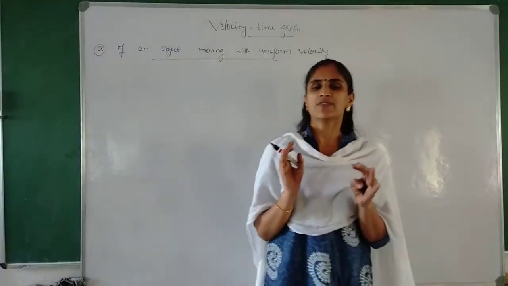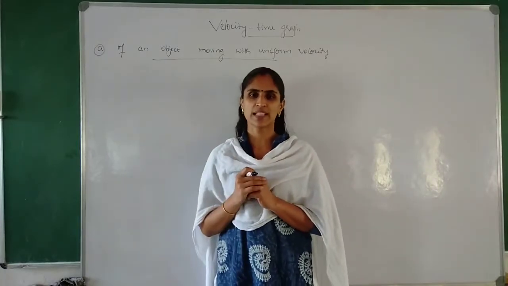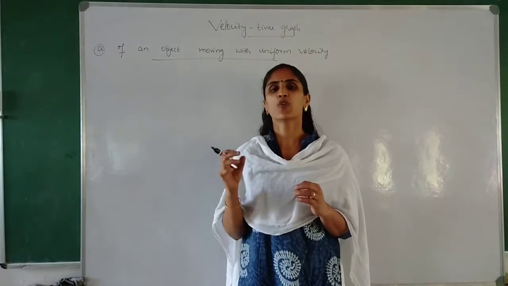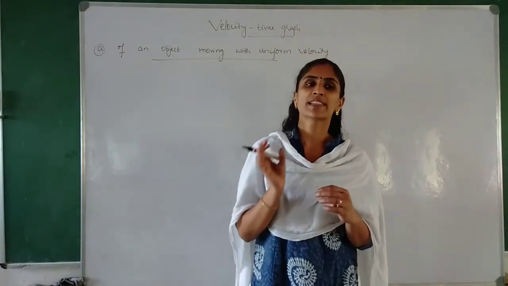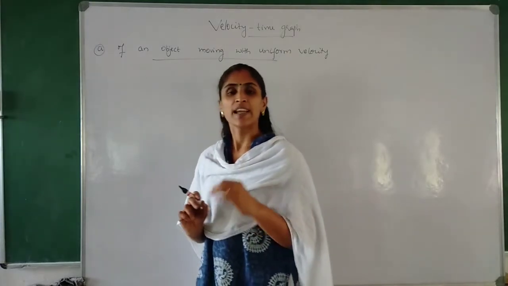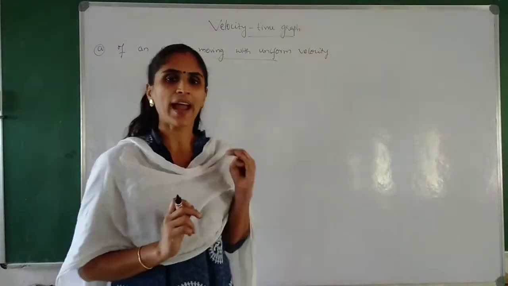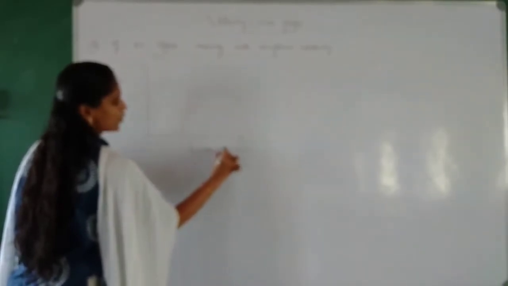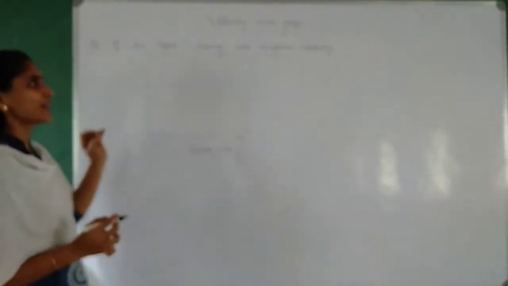In equal intervals of time, there will be equal change in displacement, or we can say that velocity remains constant. If the velocity is constant and we are plotting the velocity time graph, what will be the shape of the graph? Whenever we plot, time will be plotted along the x-axis, and the other quantity, whatever is given, we plot along the y-axis.